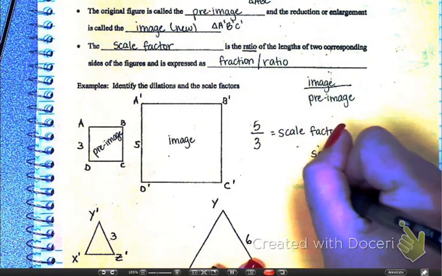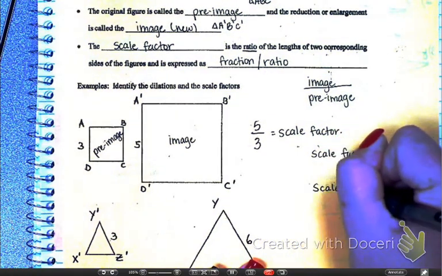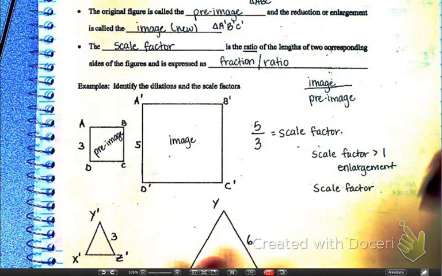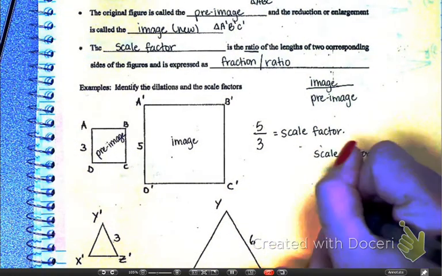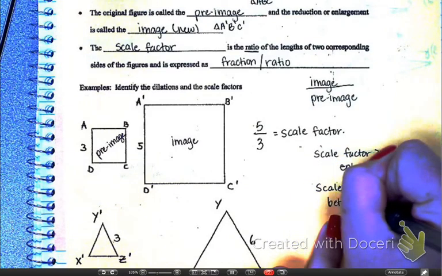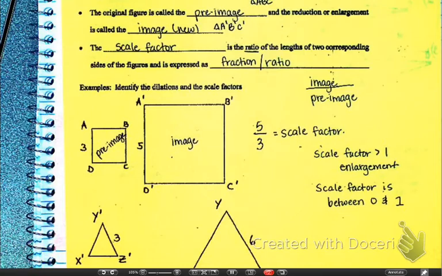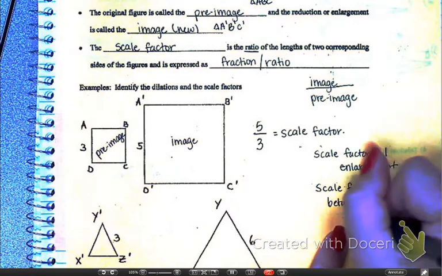If your scale factor is between 0 and 1, so that's a fraction, like 1/2, 3/4, right? You're going to have a reduction.